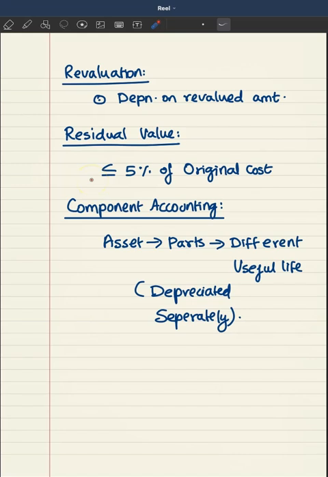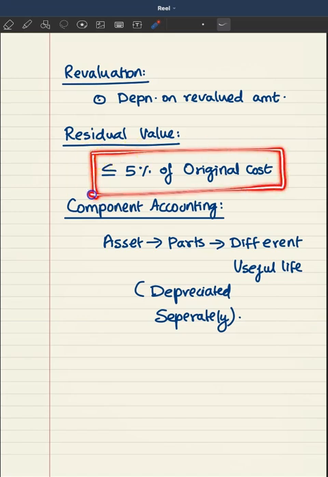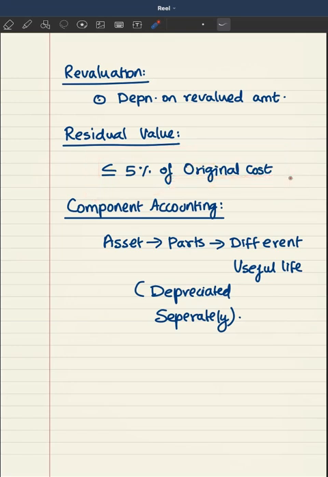But as per provisions, let's say following the Companies Act and all, it is given that the estimated salvage value should be within 5% of the original cost unless and until there is a proof available to differ from that. Let's say there is documentary evidence which says that it can be sold for a price higher than this at the end of its useful life, then you can go with that.